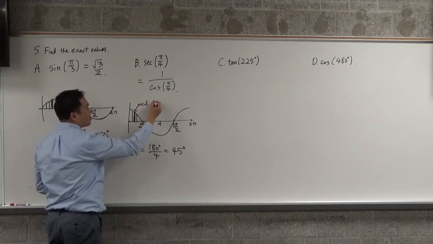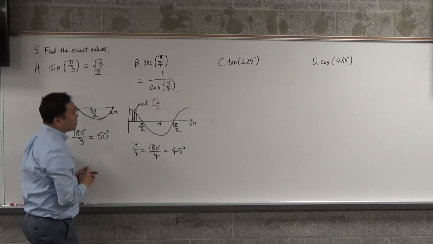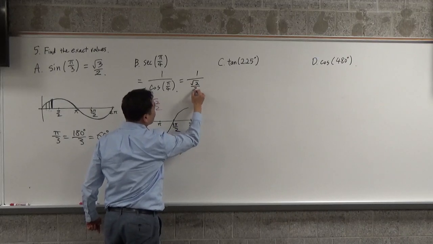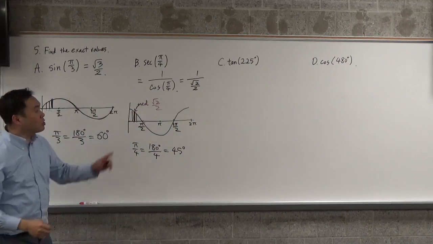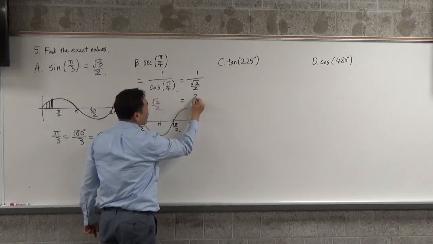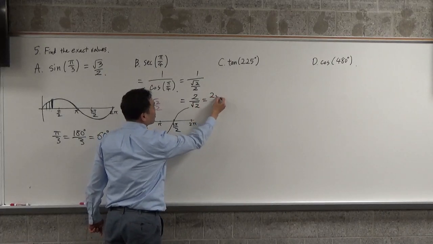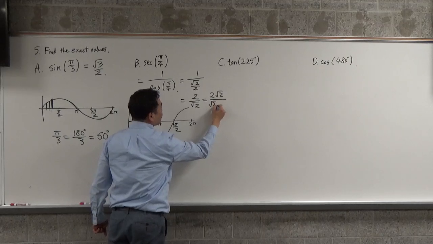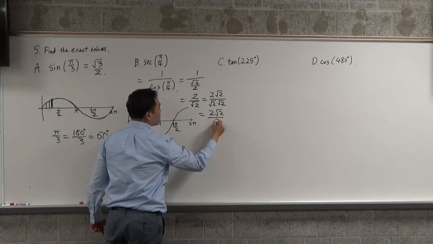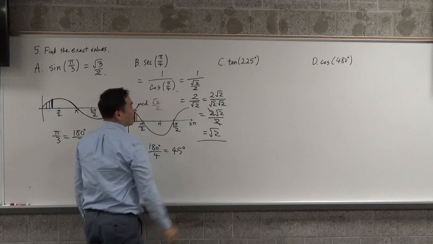So you're going to say that this is going to be 1 over square root of 2 over 2. And when you do 1 over a fraction, that's the reciprocal, so it flips upside down. And then you have to multiply square root of 2 top and bottom, which gives you 2 times square root of 2 over 2. But 2 and 2 cancel, so you get square root of 2 as the answer.